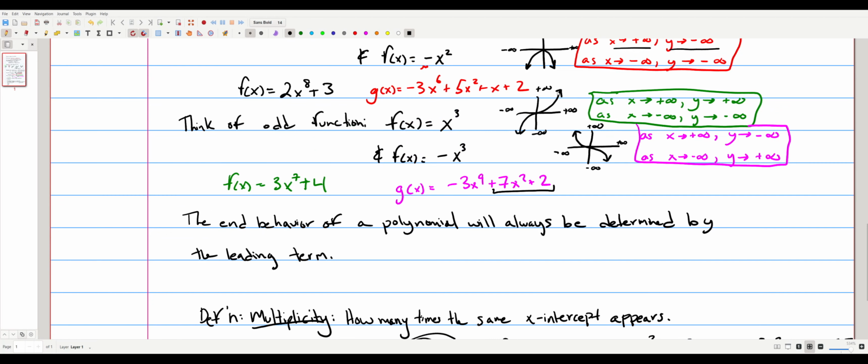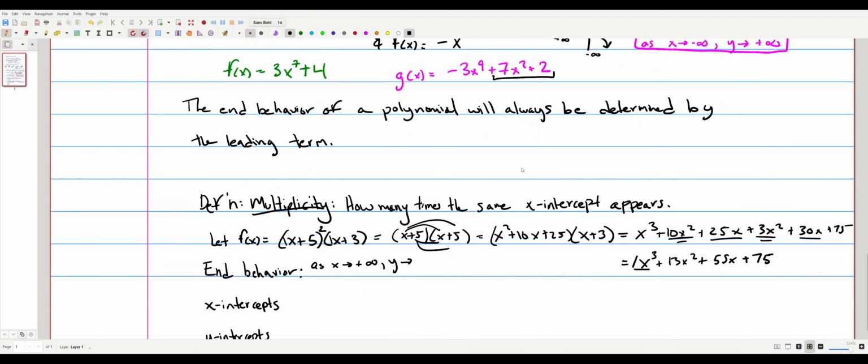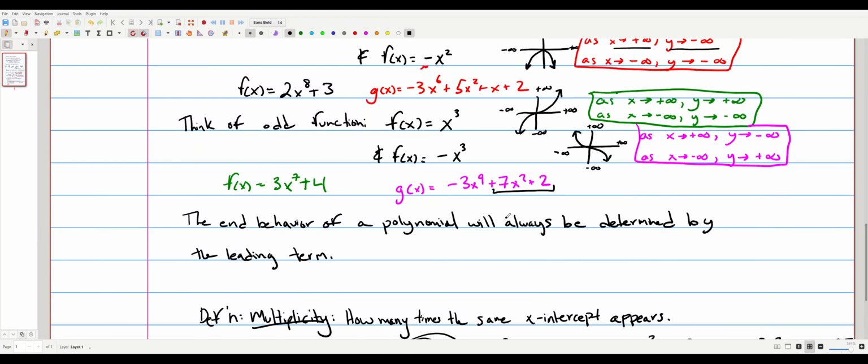It's going to go to positive infinity. And what is x going to do as it goes to negative infinity? Well, as x goes to negative infinity, we know that y will go to negative infinity. So this function has the same behavior as the general cubic function. It's going to match this green one right here.